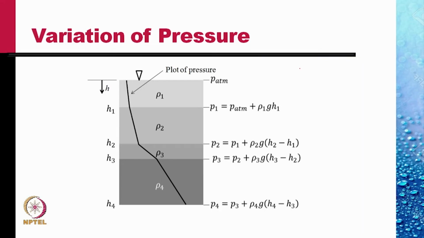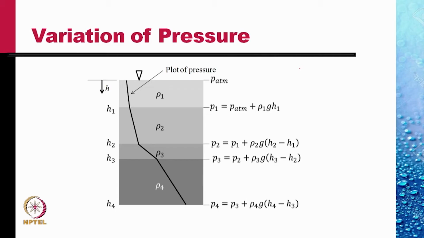If we have a combination of fluids arranged in stratified layers with various density rho 1, rho 2, rho 3 and rho 4, then the plot of pressure variation would be as shown. At the topmost layer, it will start with P atmosphere. Then at the interface with the second layer, a height h1 down, it would become P atmosphere plus rho 1 times g h1.